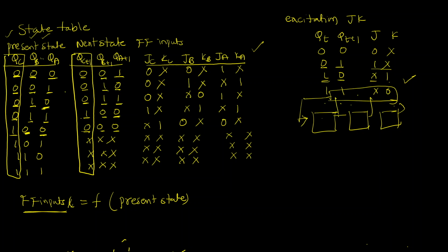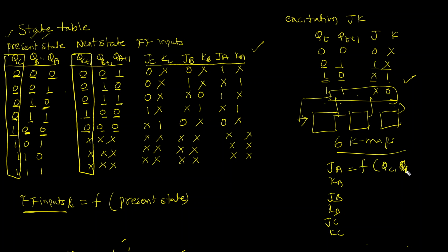So I need 6 K-maps to get expressions for JA, KA, JB, KB, JC and KC. JA is a function of QC, QB, QA. Similarly, all are functions of the present states.